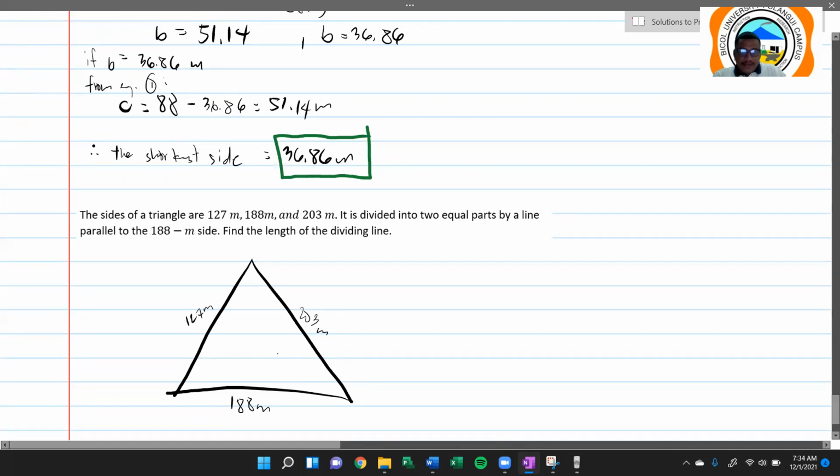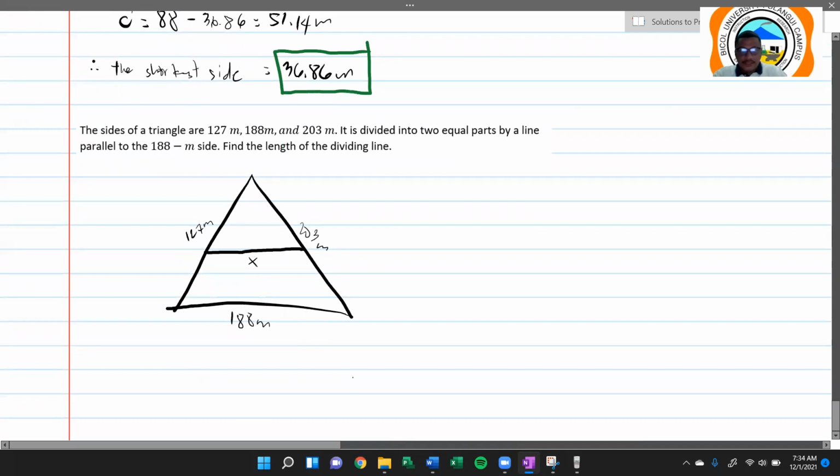So a dividing line is drawn parallel to the 188 meter side. Suppose this is the dividing line here, and let's call it x. This dividing line divides the area of the triangle into two equal parts.